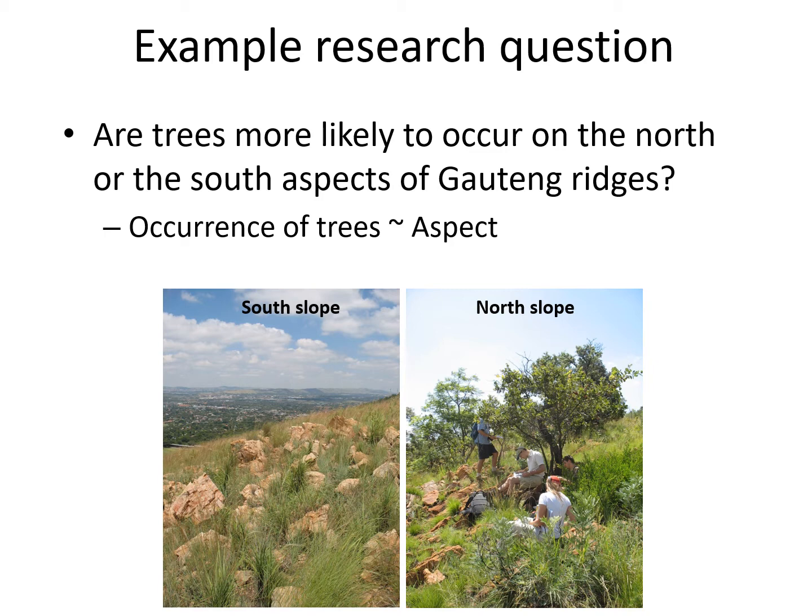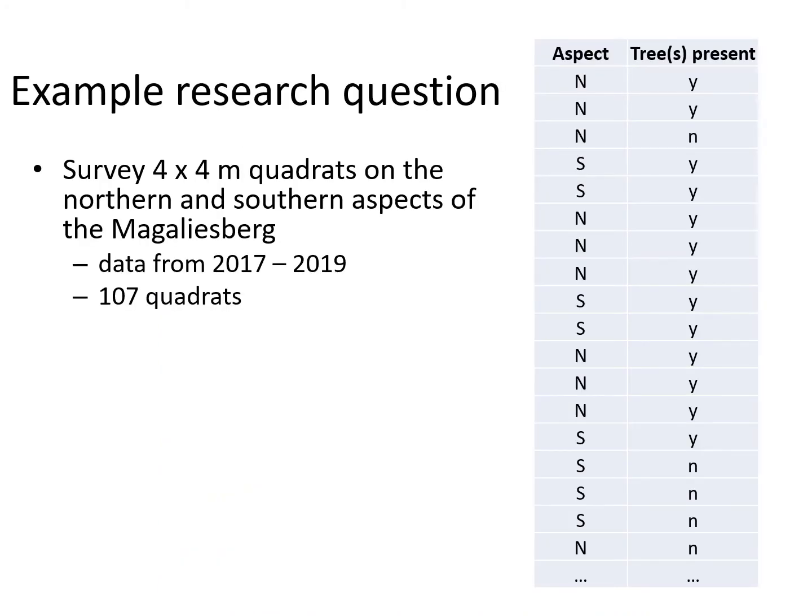So this then is a nice example where both the response and the predictor are categorical. The response is the presence or absence of trees, and the predictor is aspect, in this case north or south. So fortunately, we have data to answer this question that's been collected by the BOT 358 class in previous years.